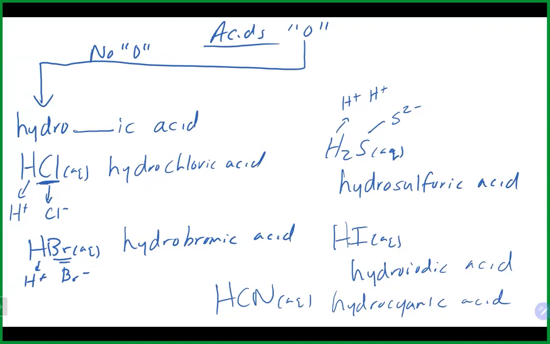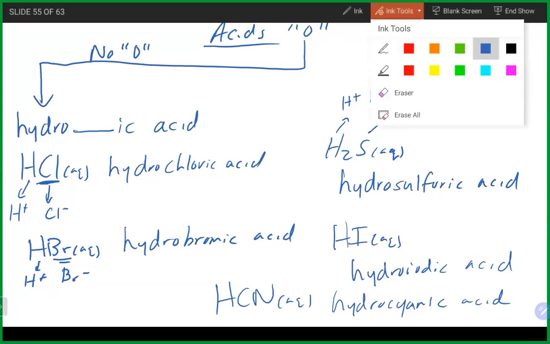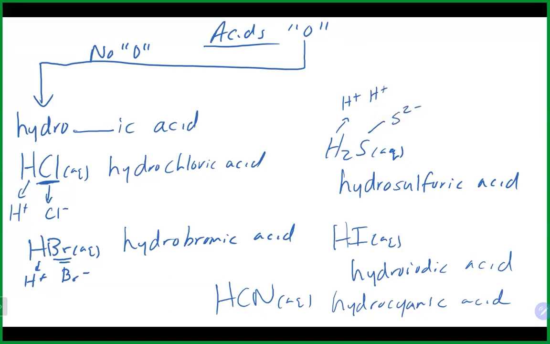the negative guy. Now, if it does contain oxygen, it's a little bit different, and it will probably contain one of those polyatomic ions that we just saw on that list.